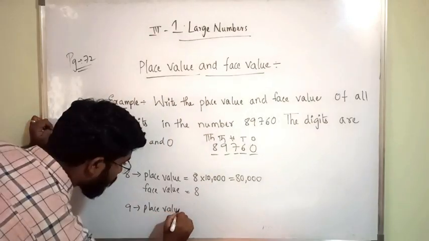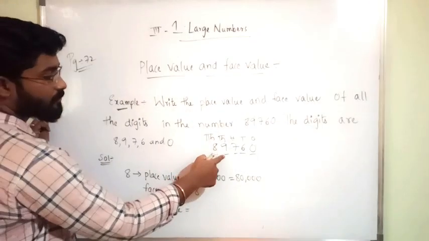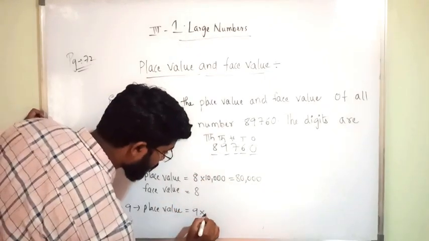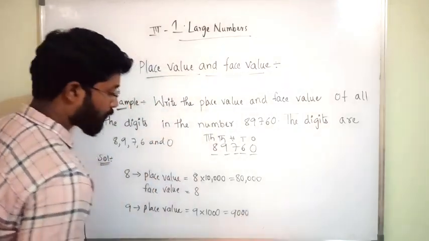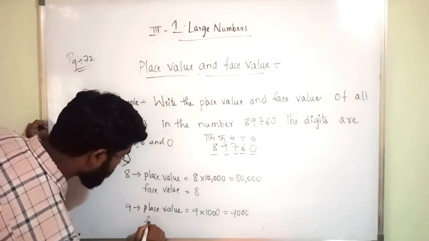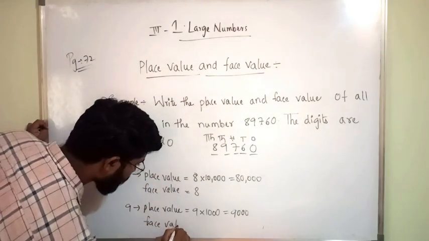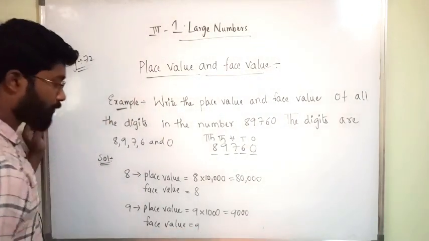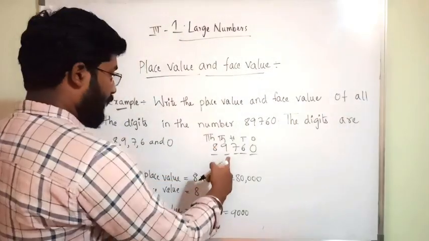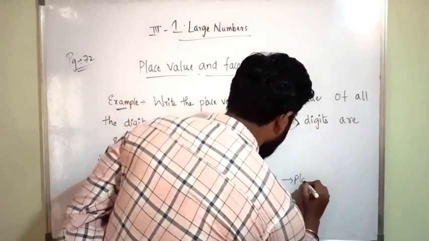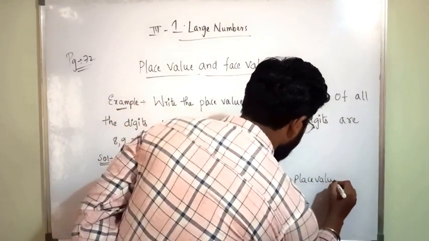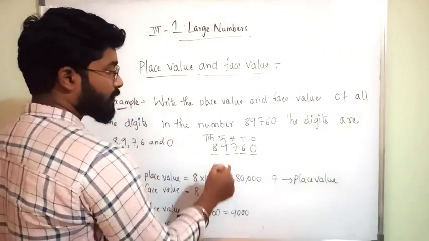Next for 9, place value: 9 is in which place? Thousands place, equal to 9,000. What is the face value? 9 only. And 7 is in which place? Hundreds place.